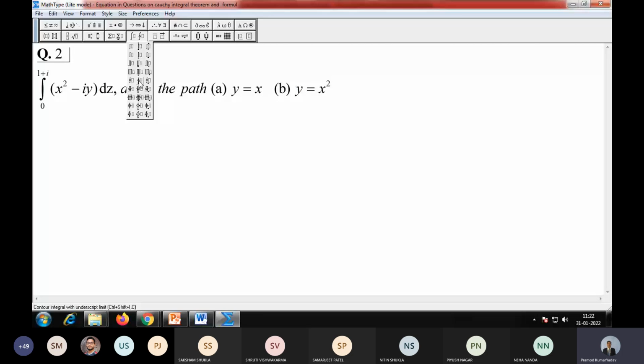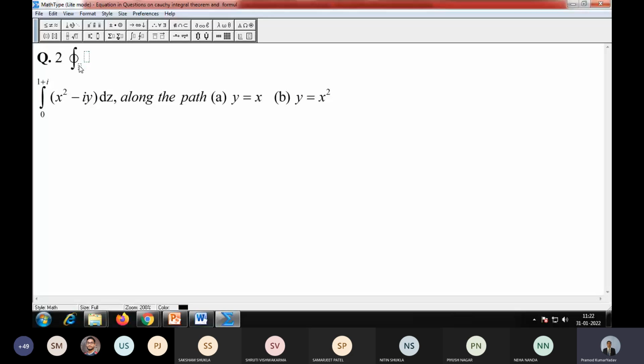Over this curve C, integrate e to the power sin z square dz, where C is the unit circle, mod z is equal to 1.